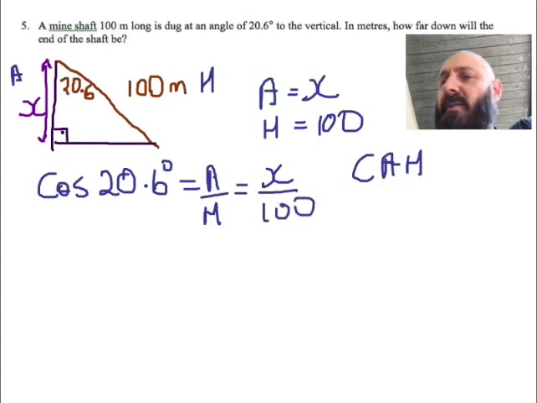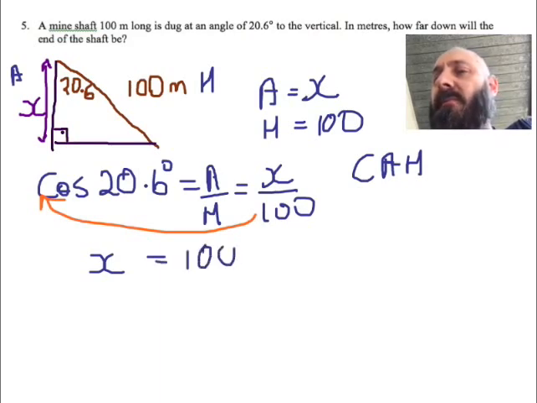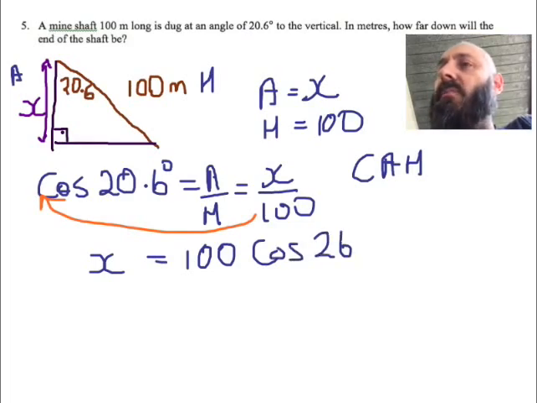And as we've discussed before, I want to get rid of that 100 over the other side to leave x by itself. It'll be a little bit tricky to write it with the x first. So if you don't get that, you can always ask or have a look. But when that 100 comes across, x is left by itself, and we have 100 cos 20.6, getting ahead of myself.